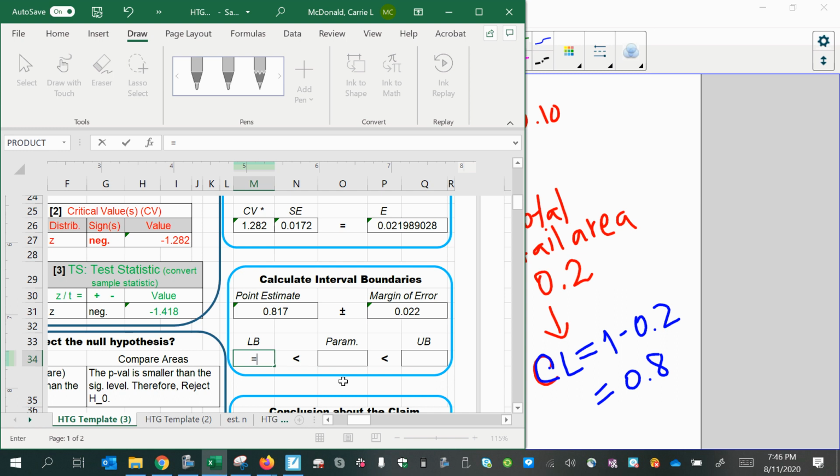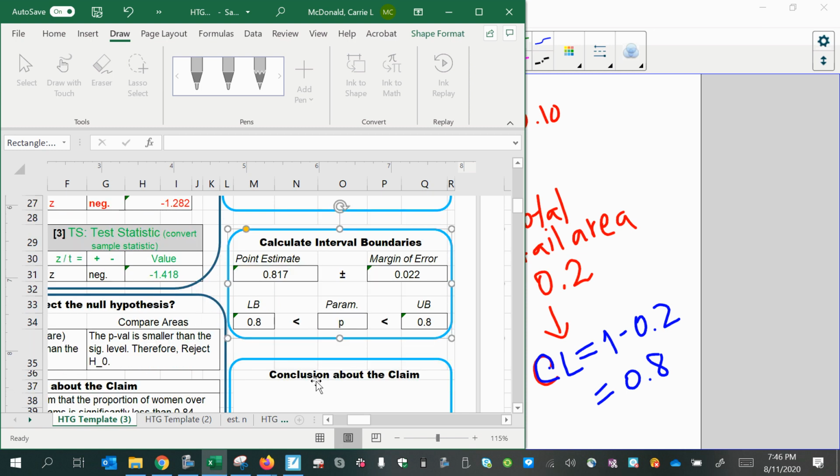So our lower boundary will be the point estimate minus the margin of error, p hat minus e. And the upper boundary will be p hat plus e. And the parameter symbol in the middle is p. That's what we're estimating, the population proportion, p, not p hat.